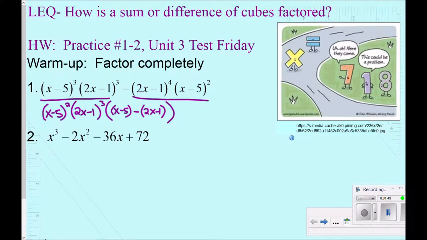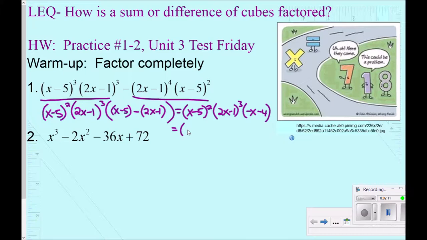So next I copy the GCF. I combine like terms. x minus 2x gives me negative x, and negative 5 minus negative 1 gives me negative 5 plus 1, which is negative 4.